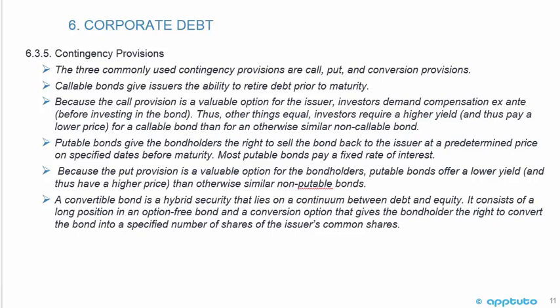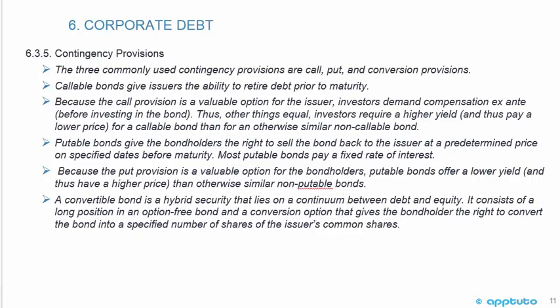Most puttable bonds pay a fixed rate of interest. Because the put provision is a valuable option for the bondholders, puttable bonds offer a lower yield and thus have a higher price than otherwise similar non-puttable bonds. And we saw that. The price of a puttable bond equals the price of a normal bond plus the price of the option, because you're buying that option, you're paying for that option. And we saw that in a previous LOS.